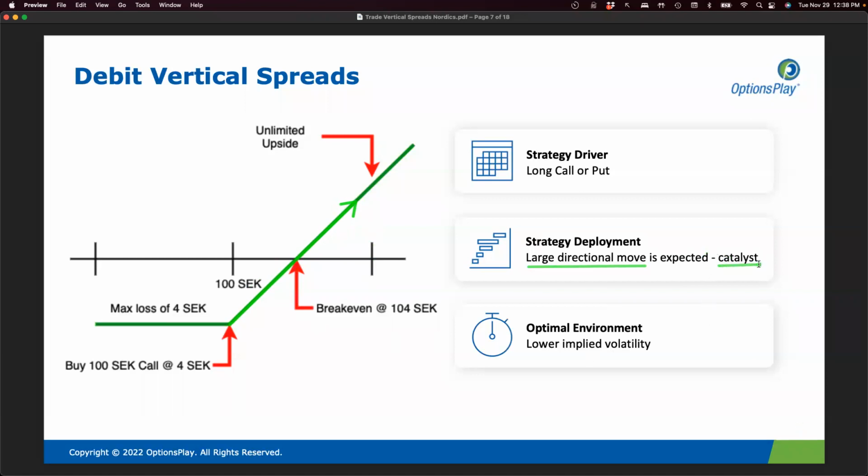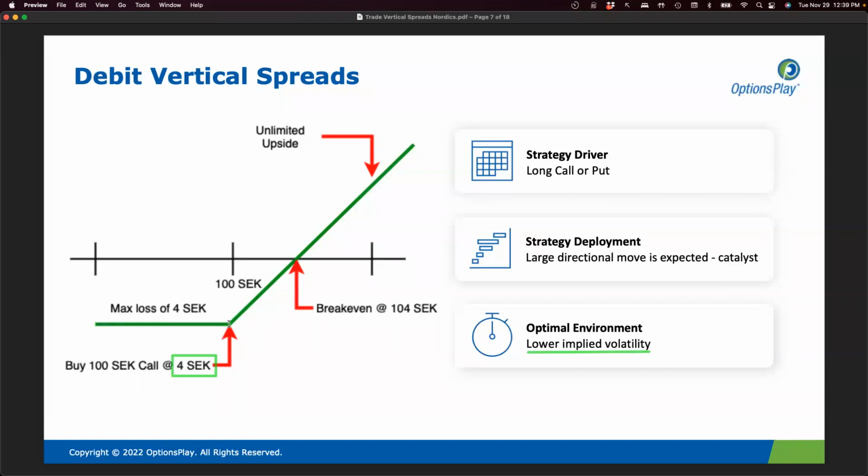So this is typically when you expect some kind of catalyst, like I said, earnings or an economic event that could drive the stock price to move fairly quickly in a short amount of time. And the optimal environment for buying a long call or put or a debit spread is when implied volatility is on the lower end, because the lower the implied volatility, the lower the cost of the call option that you have to purchase.